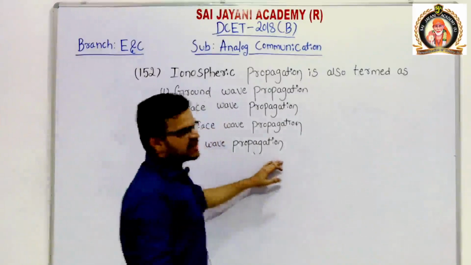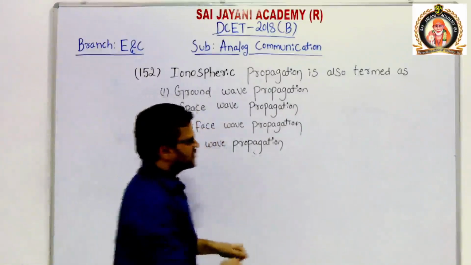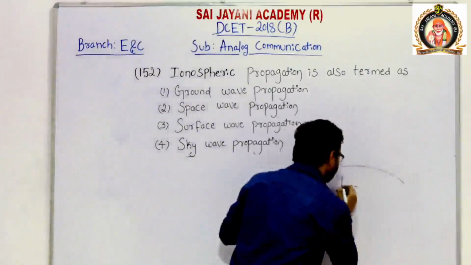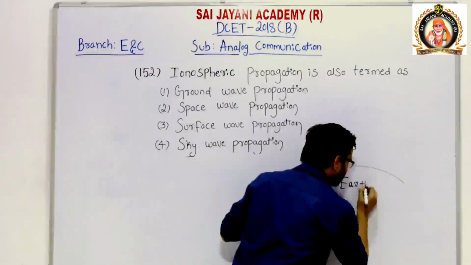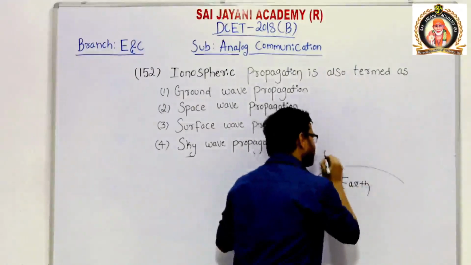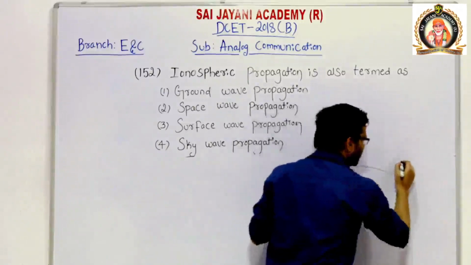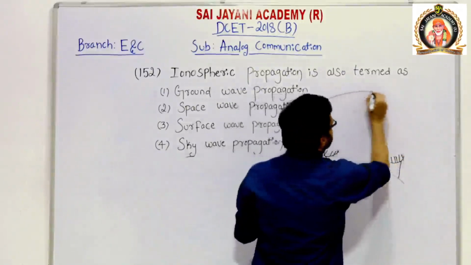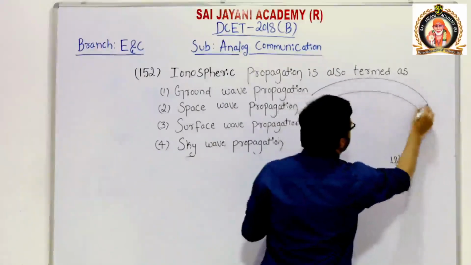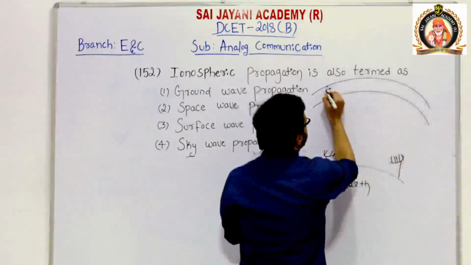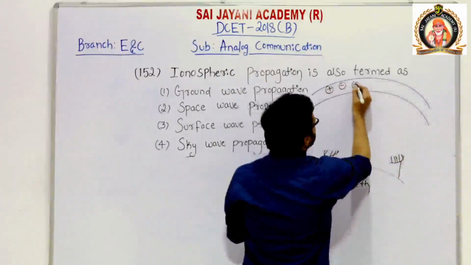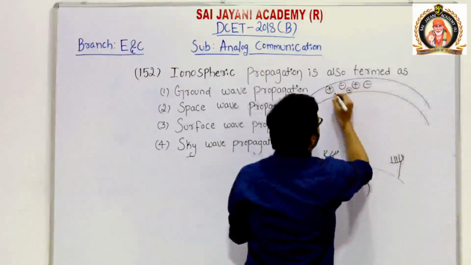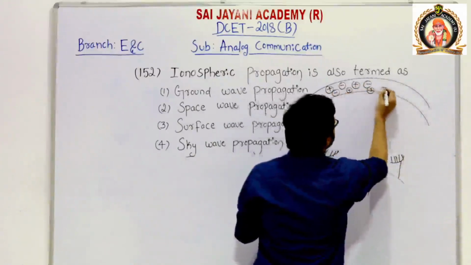The sky wave propagation happens in the ionosphere. That means consider Earth. On Earth we have a transmitting antenna and a receiving antenna. Okay, this is the ionosphere. In the ionosphere we have a large number of positive ions and negative ions.